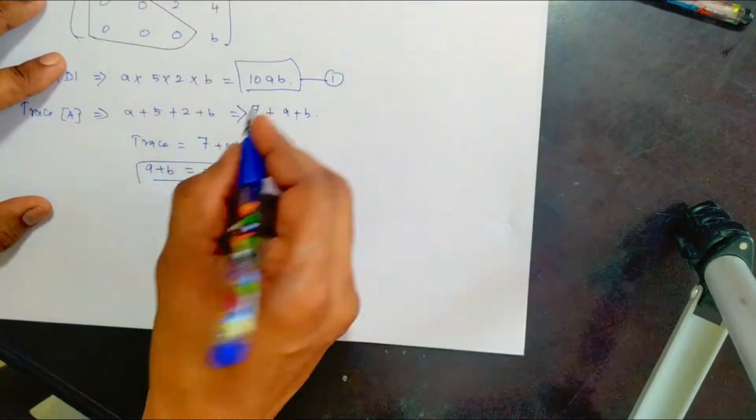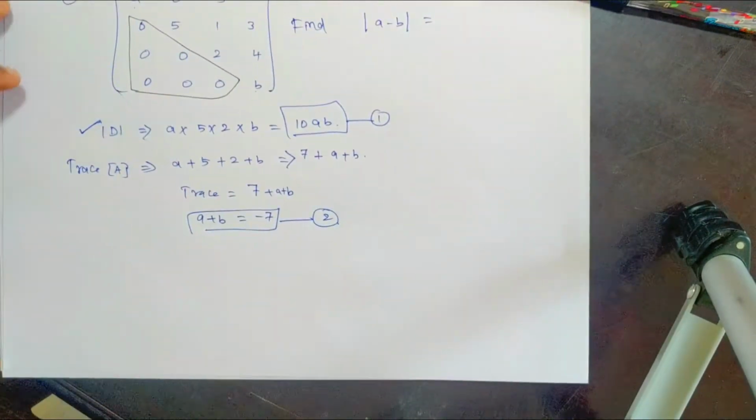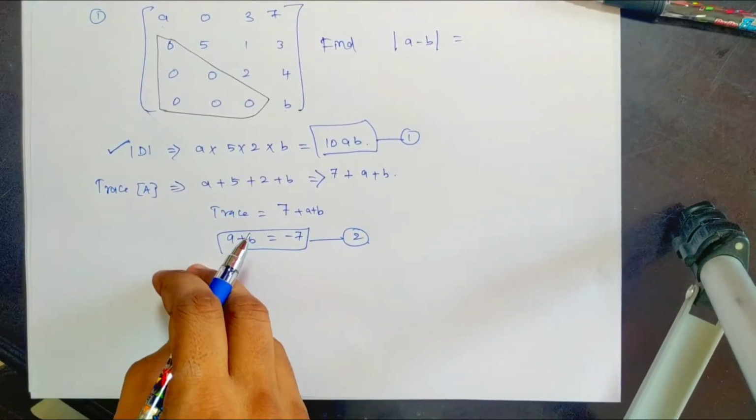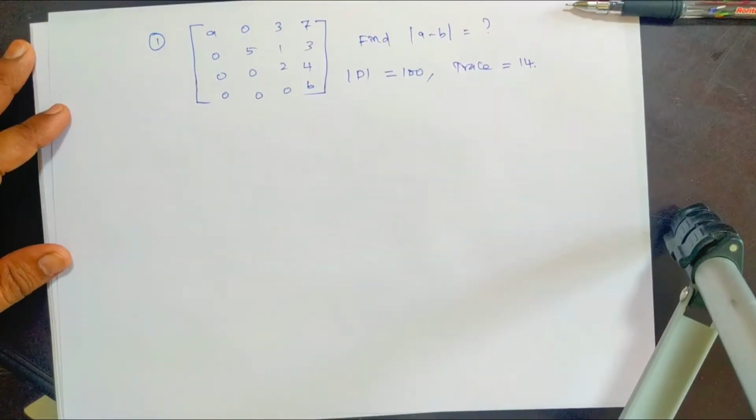Let us keep this as the first equation and this as the second equation. By solving these equations, we can get A and B values.